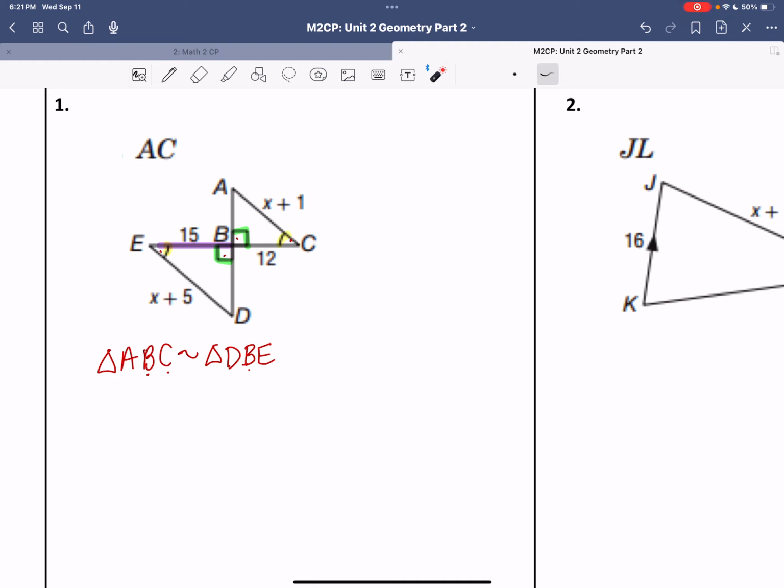Now that we've got the angles congruent, let's see if the sides are proportional. Set up a proportion. We've got 15, which corresponds to 12, because EB corresponds with BC.